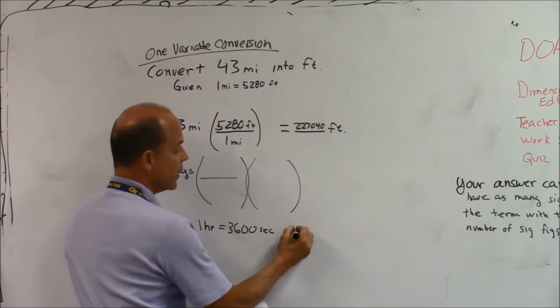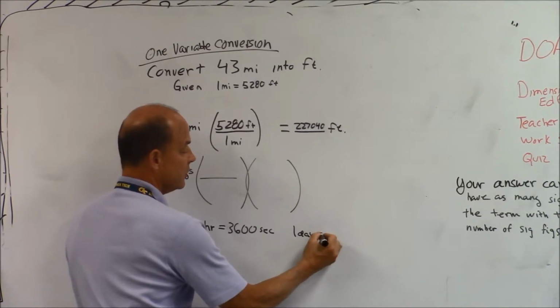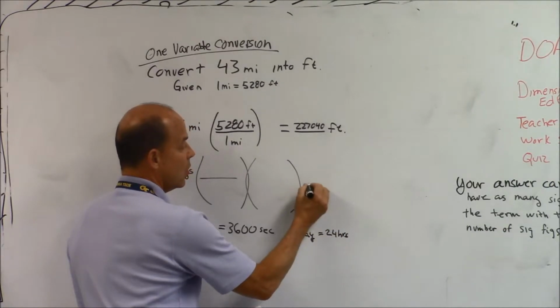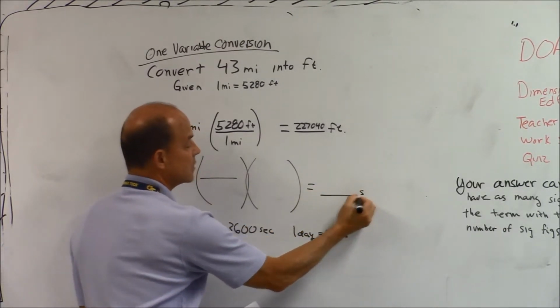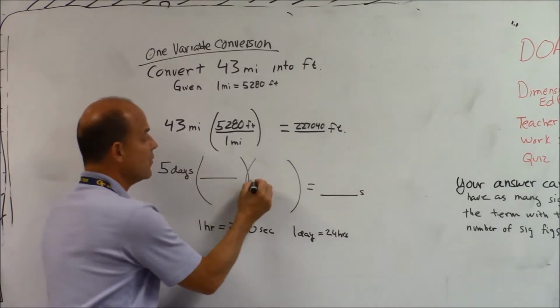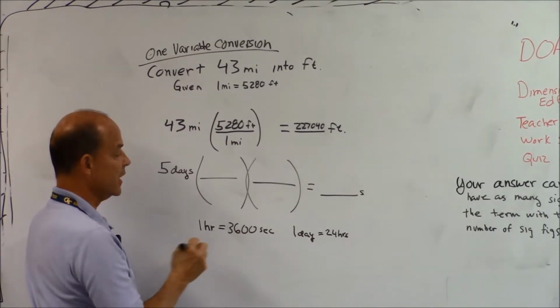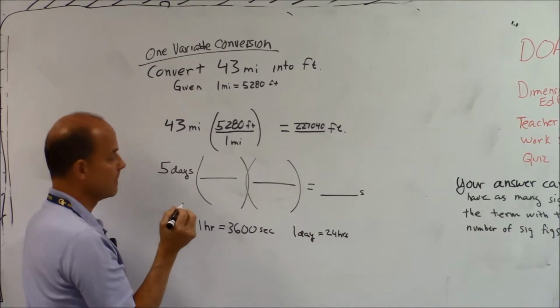And of course you know that in 1 day there are 24 hours. I'm asking you to tell me how many seconds are in 5 days. So I'm going to need at least two conversion factors, unless someone told you how many seconds are in a day, but that's what we're trying to figure out.